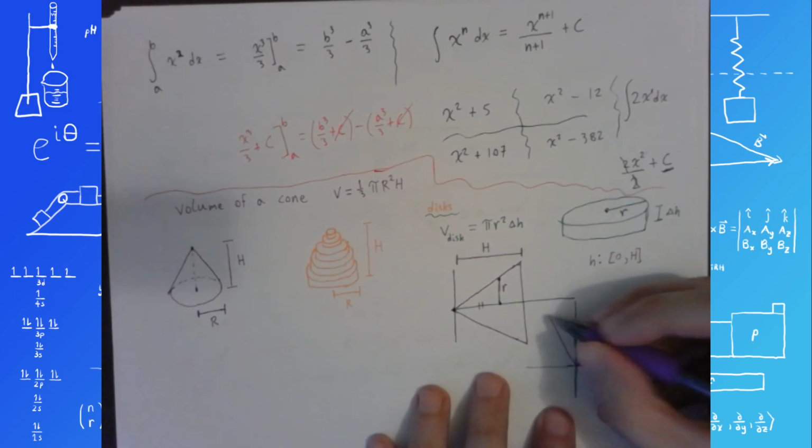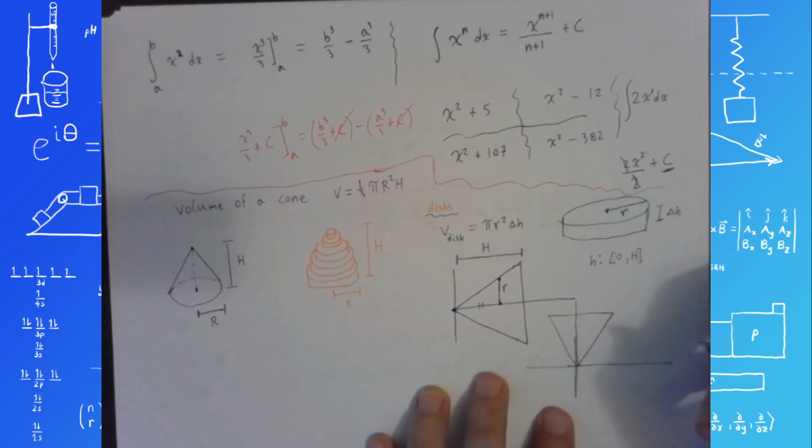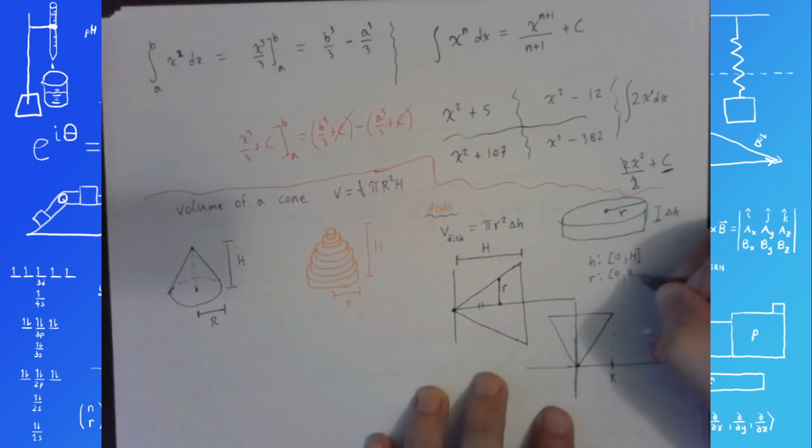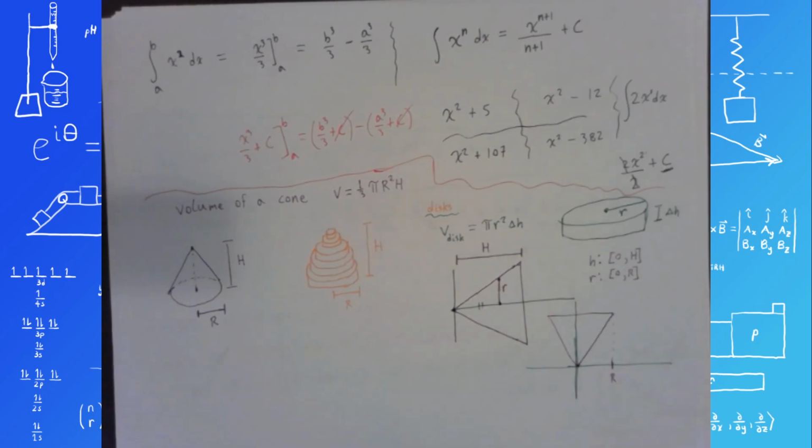We could also think about it as the radius being on an interval. That should be symmetric, but I drew it poorly, where the radius starts at 0 and goes to a maximum of capital R over here. You can actually solve this one in two different ways, depending on which of these perspectives you want to take.